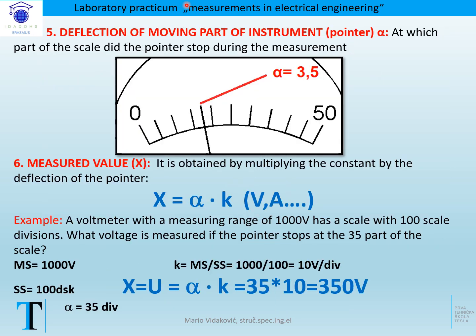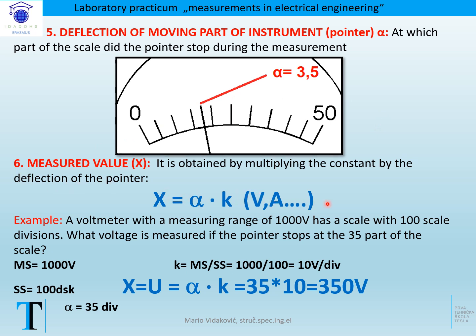Number 5 is the deflection of the moving part of the instrument. It's the pointer, alpha. At which part of the scale did the pointer stop during the measurement? This is the example. We've got 1, 2, 3 dashes, 4. It's between 3 and 4, and that is 3.5 dashes on this scale. Number 6 is the measured value x.